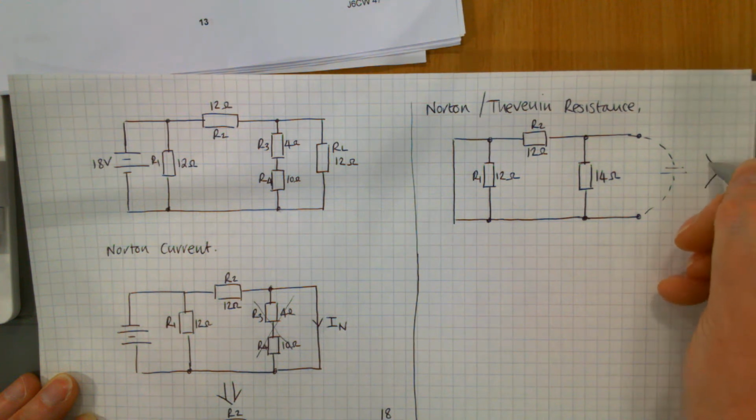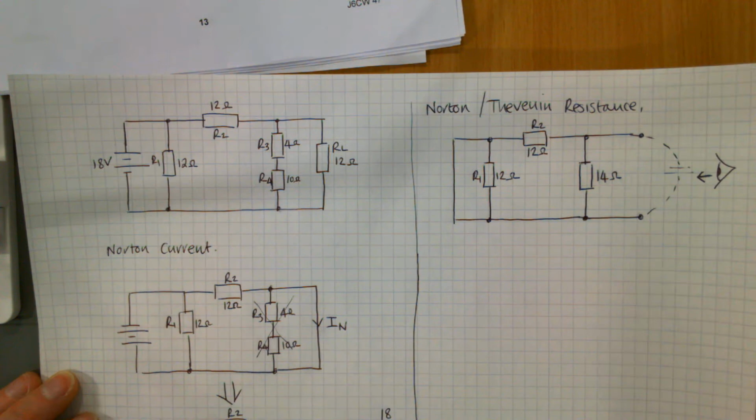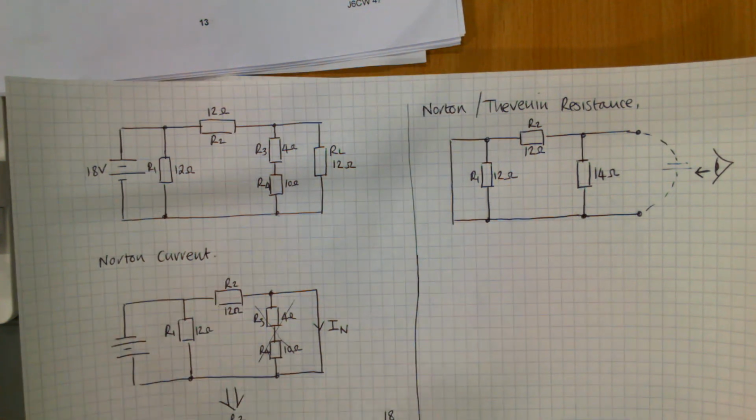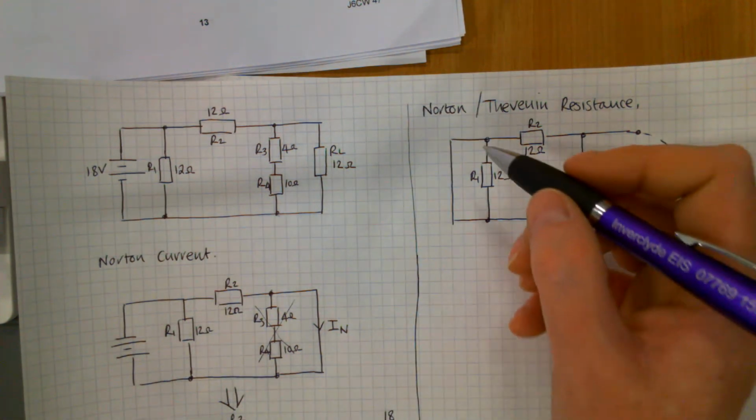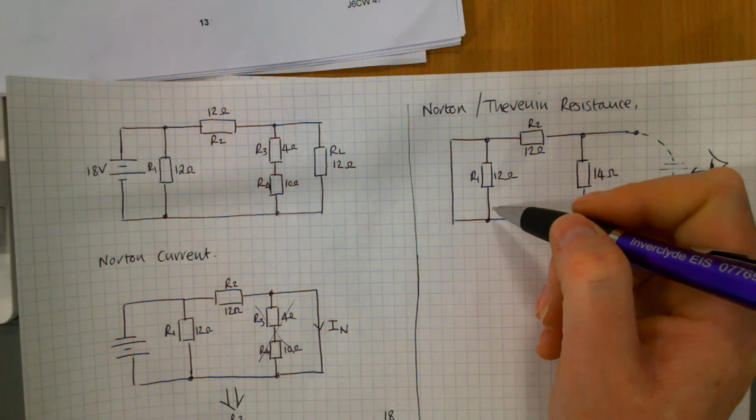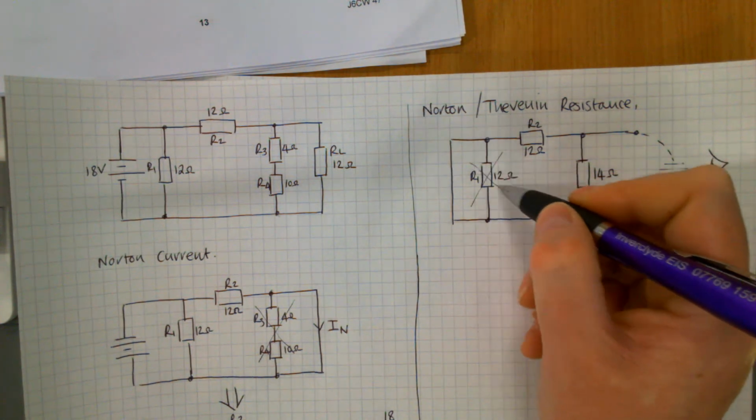And you're working out the resistance looking in from here. The first thing that you should notice is again you've got a short circuit across a resistor. So this one is going to be disregarded.